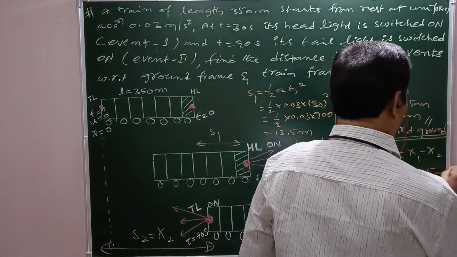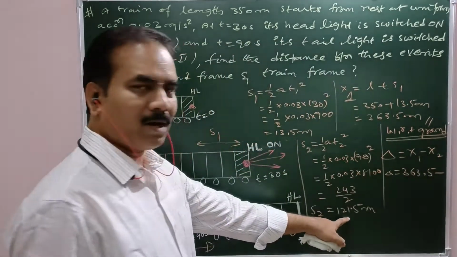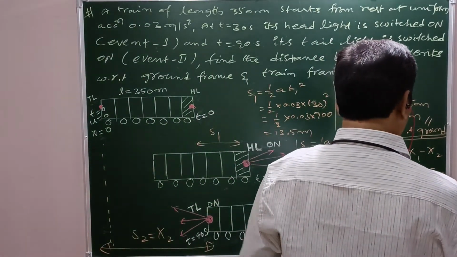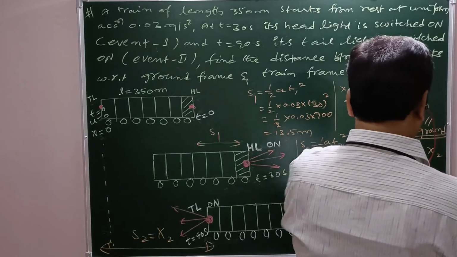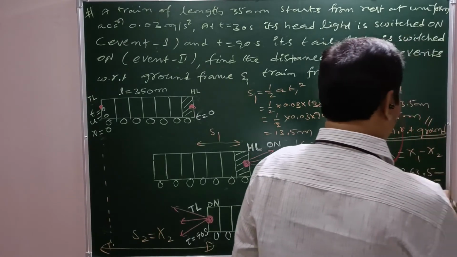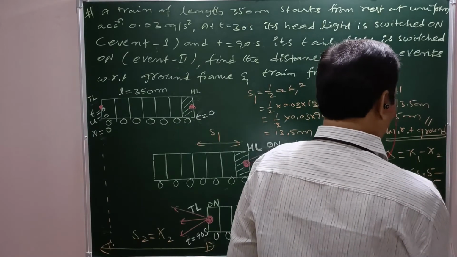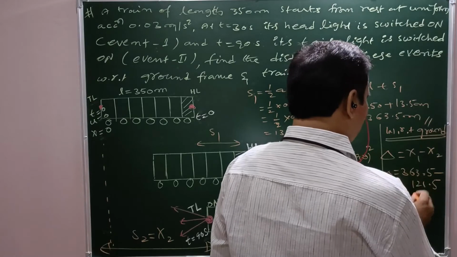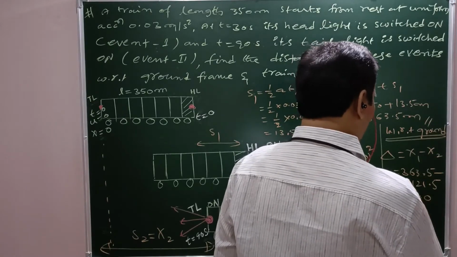363.5 minus x2 means what? 121.5. That equals 5 minus 5, 0. 3 minus 1, 2. 6 minus 2, 4. 3 minus 1, 2.